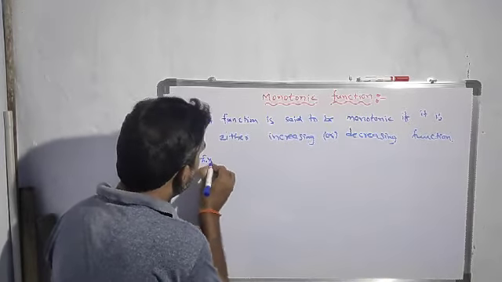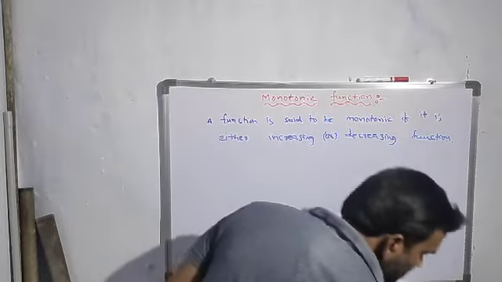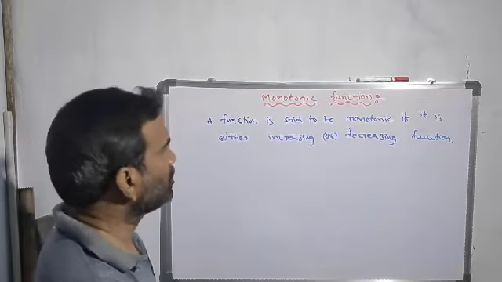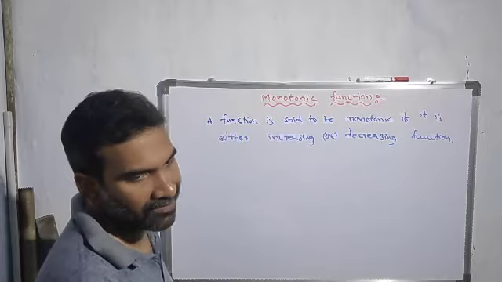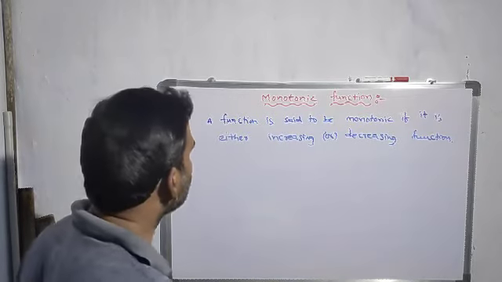So it is an increasing function, it is a decreasing function. We just discussed about the increasing and decreasing functions, but I am just giving the rough diagrams. At the time of increasing and decreasing function, we just discussed the examples also.